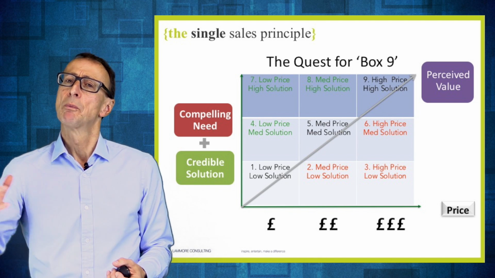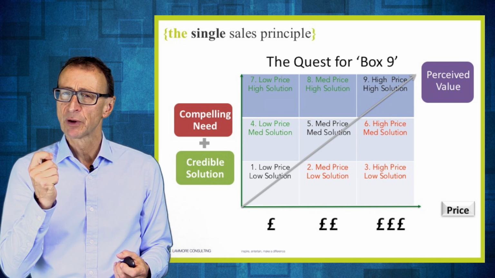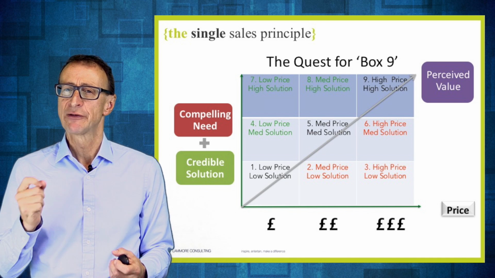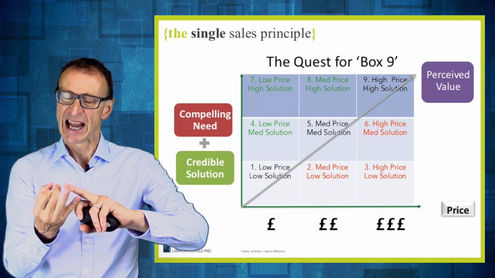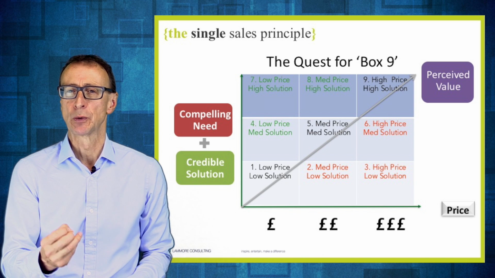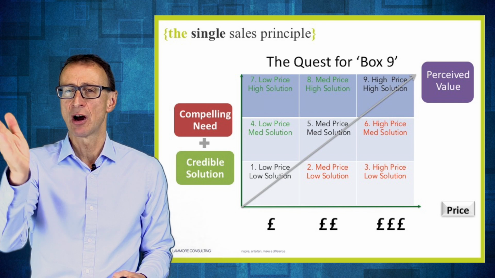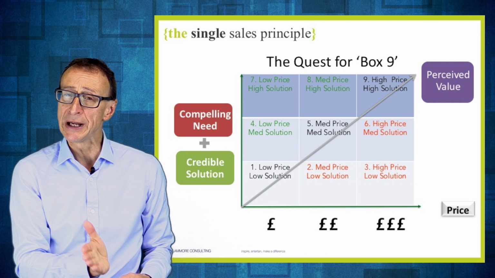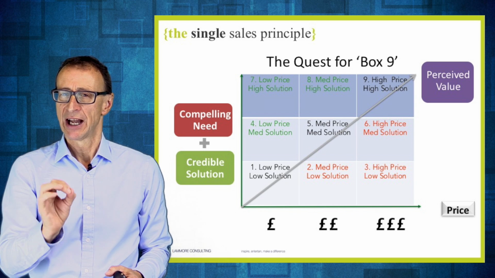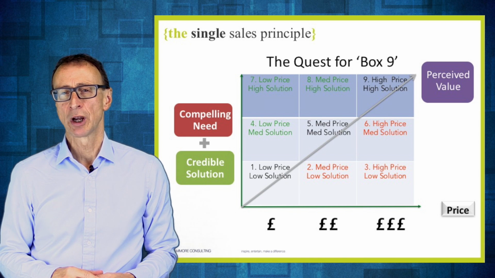And lastly, box 9 is where we're paying a lot of money, a premium price for this product, but the value that we are getting back is very much top spec, and that's what we really want, either because of a rational need that we have or an emotional need that we have. So very much boxes 1, 5 and 9 are where we want to be from an adding value, giving value perspective. And depending on your price strategy will depend which one of those we are aiming for.